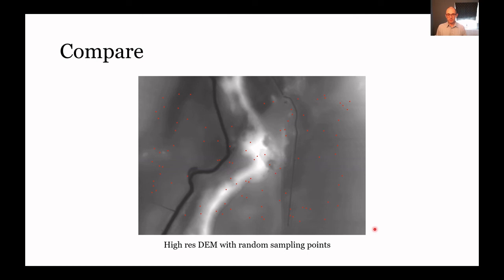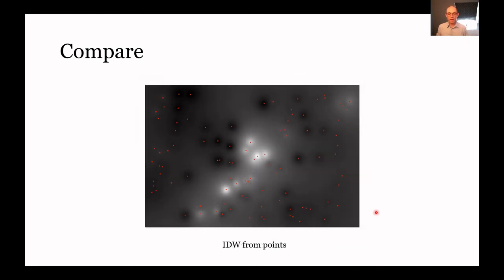I asked the GIS software to do it for me. So these red dots are randomly located points, which is not the ideal way of doing a survey, but let's just see what happens. When we do inverse distance weighting from these points, we get this pits and peaks image, trying to recreate that esker there.